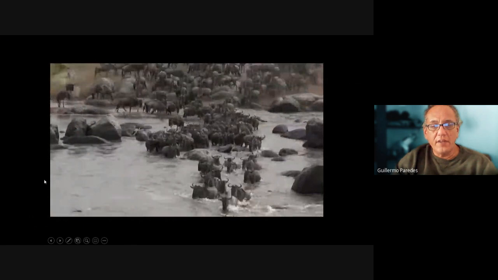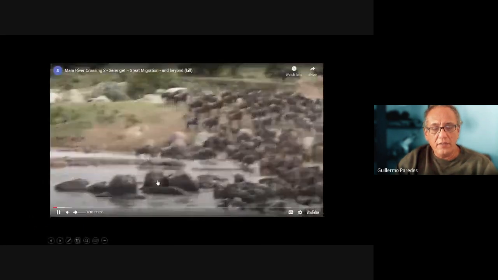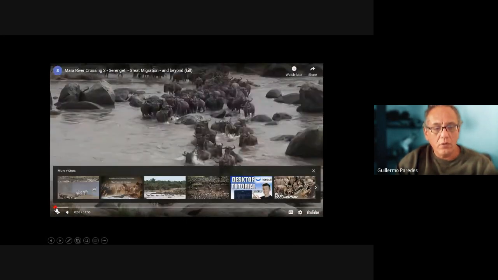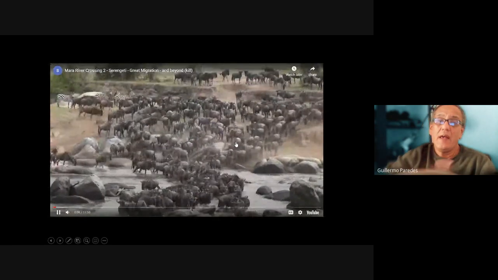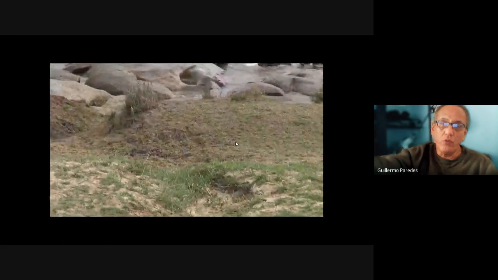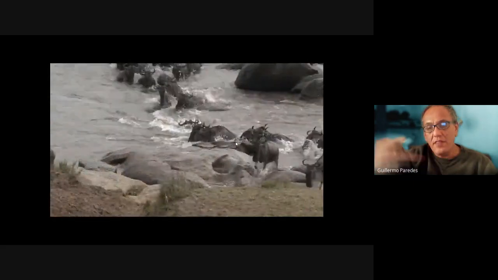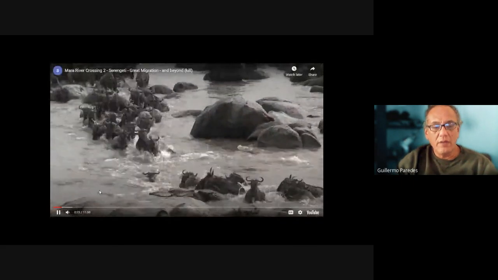This is the Serengeti River. Every year, the Serengeti River is going to have this spectacular pathway of these animals, buffaloes. They're going to cross the river because of the temperature change, and they are going to be at very high risk. What is the high risk here?